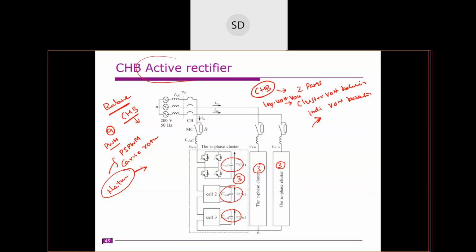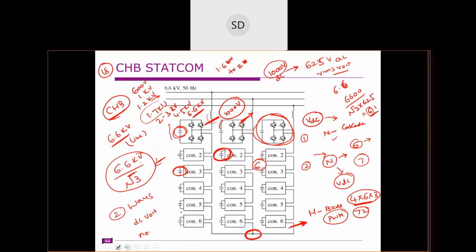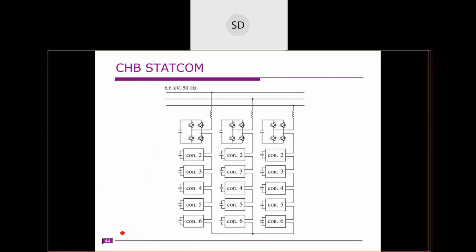In case of individual balancing, first we will go for the cluster balancing, which is better. In cluster voltage balancing, each phase leg is assumed as one cluster. We have A phase, B phase, C phase. So this is the A phase cluster, this is the B phase cluster, and this is the C phase cluster.